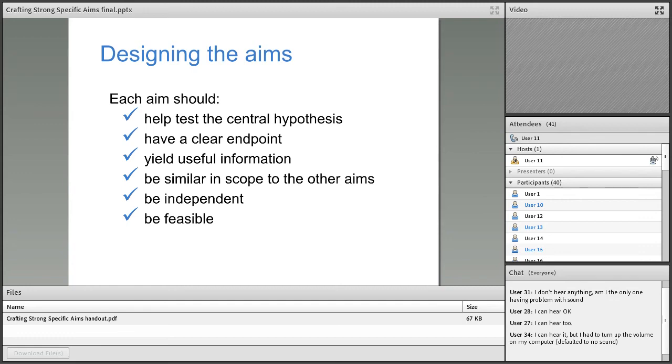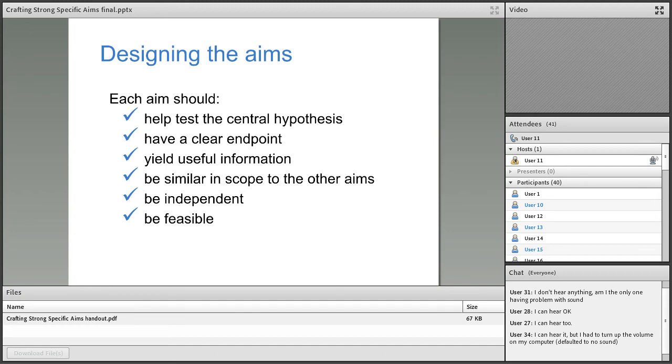So those are the 6 guidelines on designing the scope of the aims. Are there any questions before I'm going to next talk about how to write the aim statements? So if you have any questions, feel free to type them in the chat box. And keep in mind that as you're thinking about the structure of your project, collaborators and colleagues can provide helpful feedback on the focus and scope of your specific aims.